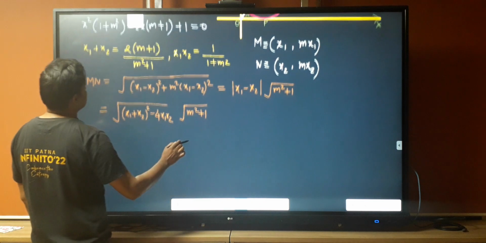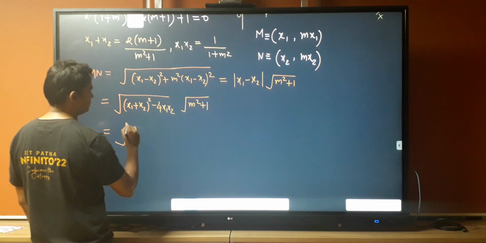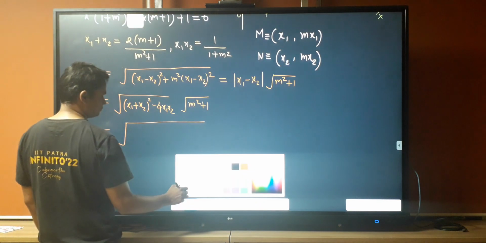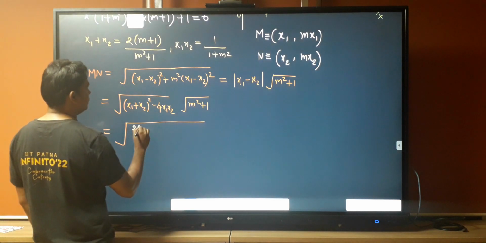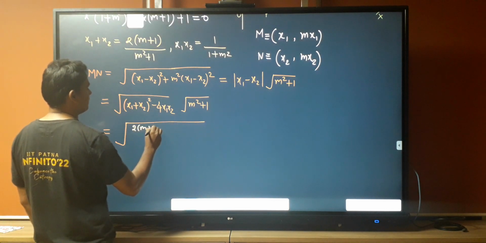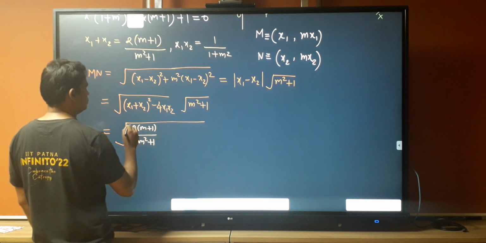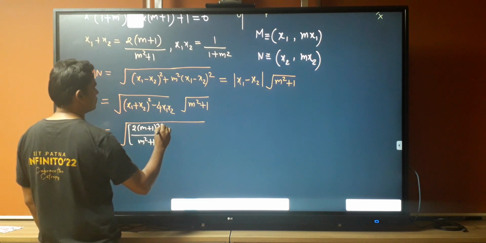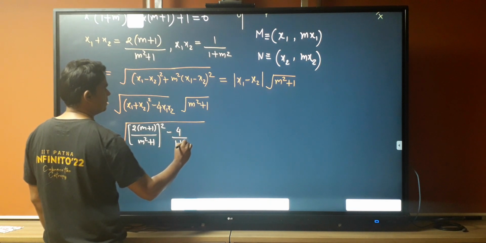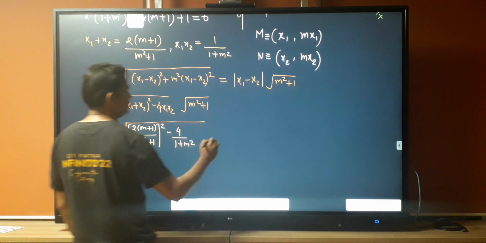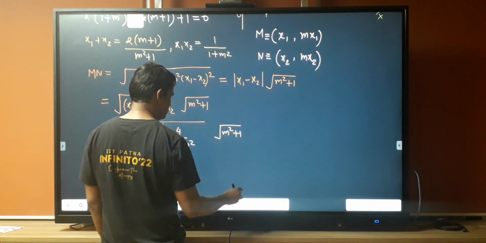So if I substitute the values, then I will be getting twice of m plus 1 upon m square plus 1, whole square, minus 4 upon 1 plus m square into root under m square plus 1, right?